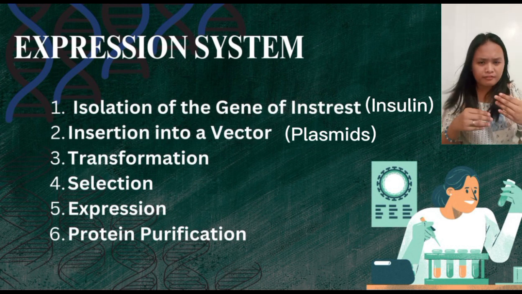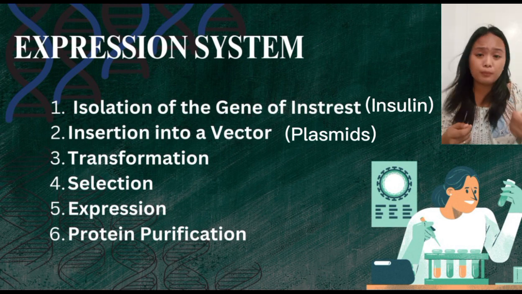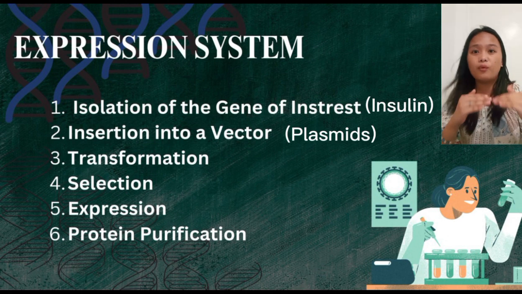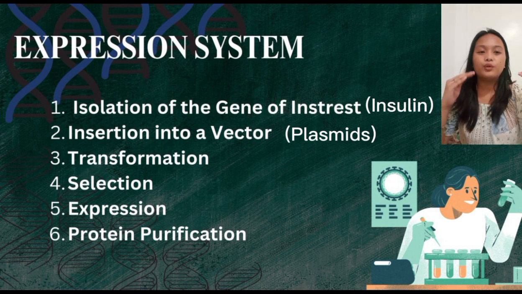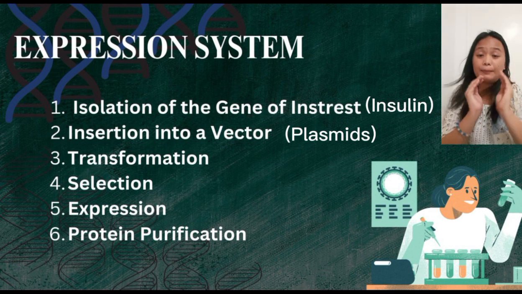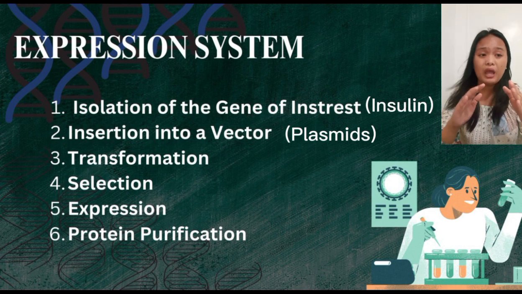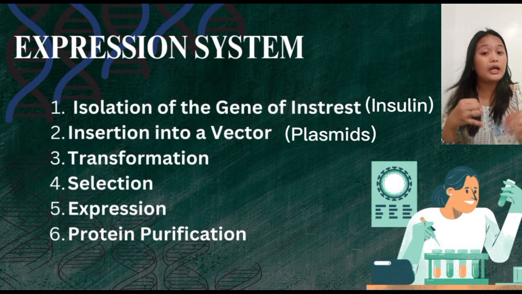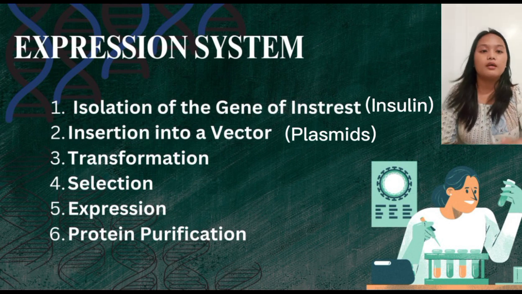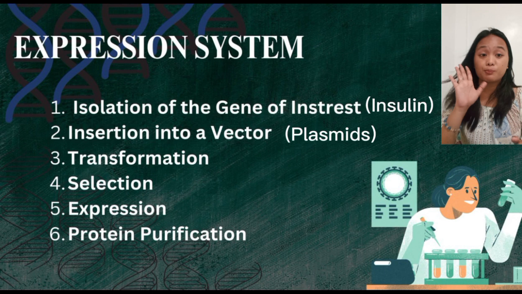How would you survive if you're not compatible with your environment? During selection, the successful ones remain: the gene of interest, the insulin gene carried by the plasmid, are compatible with each other, so therefore they were able to survive. Then next is step 5, the expression.